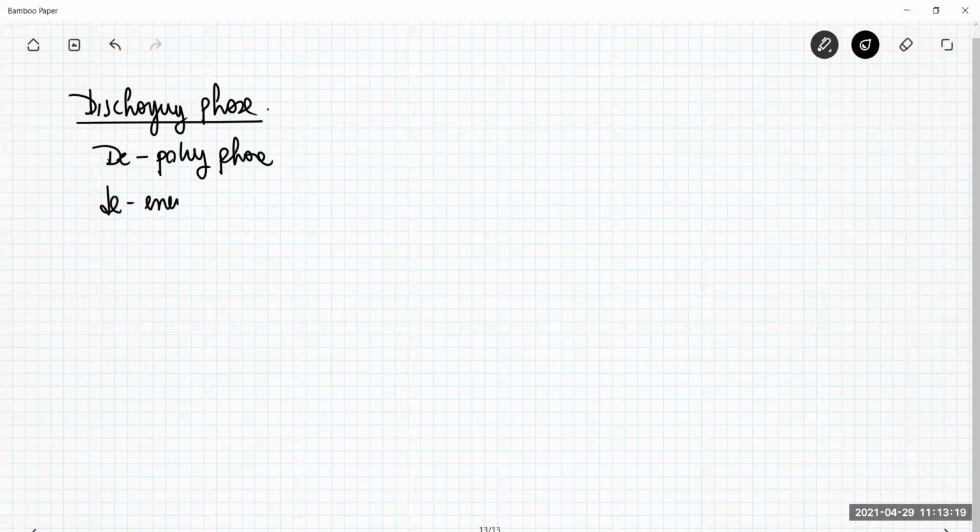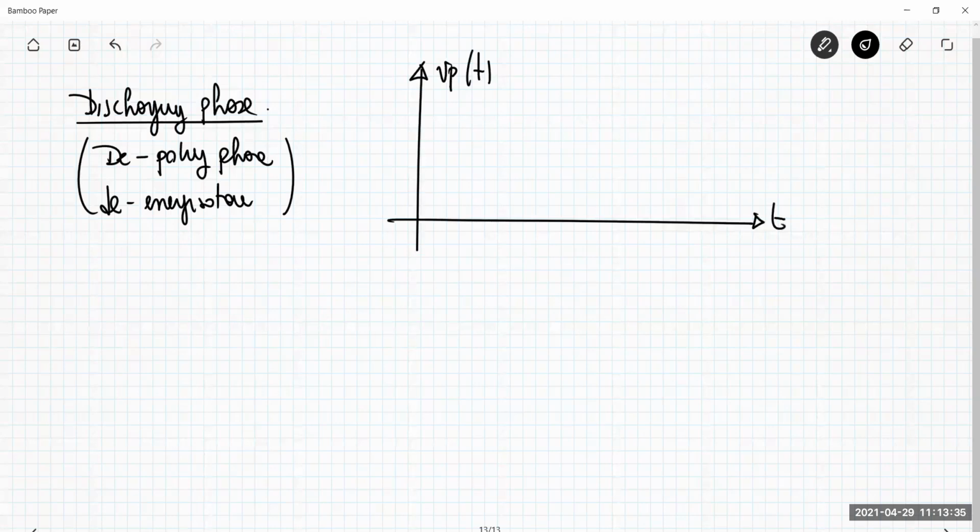There are several different names for the same behavior, and the behavior is the following. The voltage Vp, from Vp max, must be decreased. I have to get a negative displacement of the piezo actuators from the maximum elongation down to the rest position in order to close the injectors.